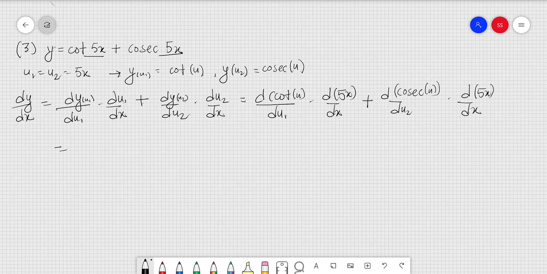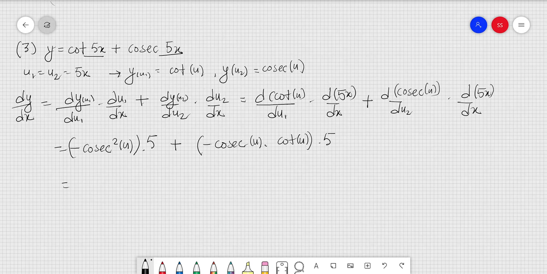So we know that derivative of cot u is minus cosec square u times the derivative of 5x, which would be 5, plus the derivative of cosec u, which is minus cosec u times cot u, times the derivative of 5x, which is 5.